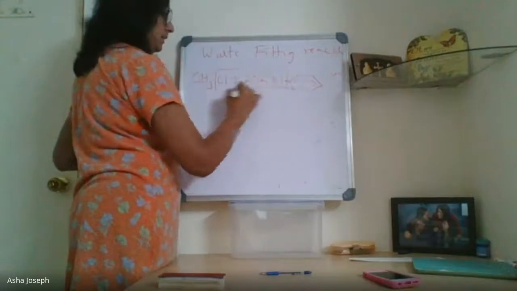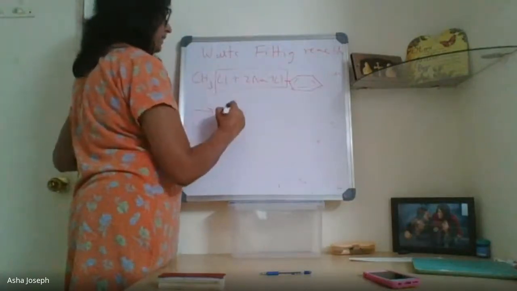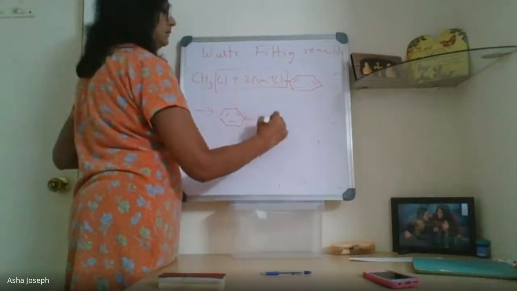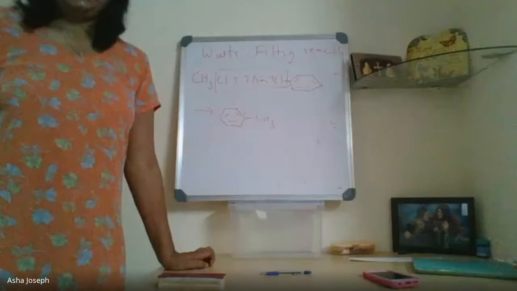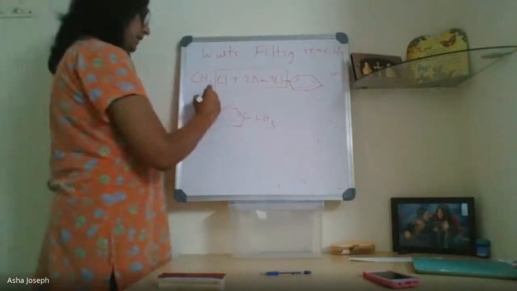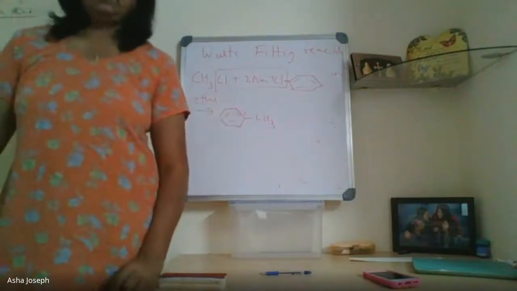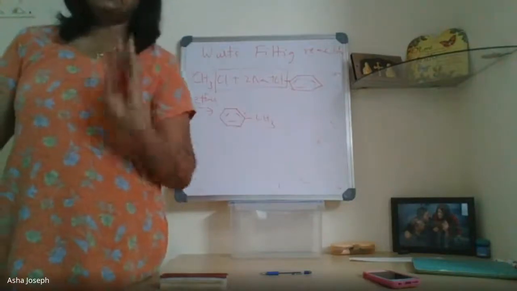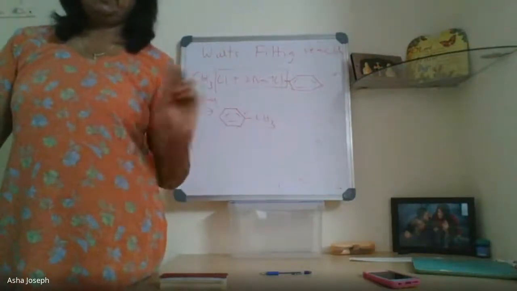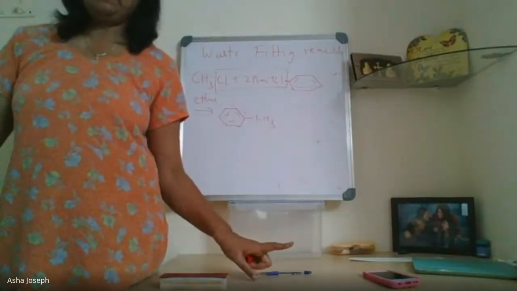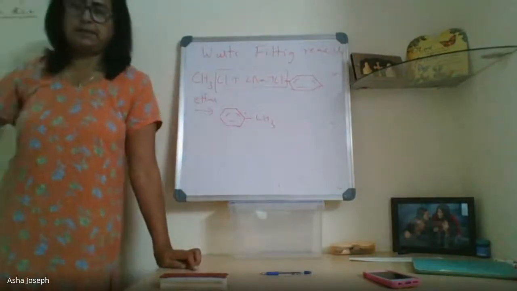So what happens? NaCl is eliminated and you will get toluene, an aromatic hydrocarbon. This is the Wurtz-Fittig reaction. So how do you remember? Wurtz reaction is 2 alkyl halides. Wurtz-Fittig, 1 alkyl halide and 1 phenyl halide. Is it okay? This is a name reaction, the Wurtz-Fittig reaction. Yes, ma'am.